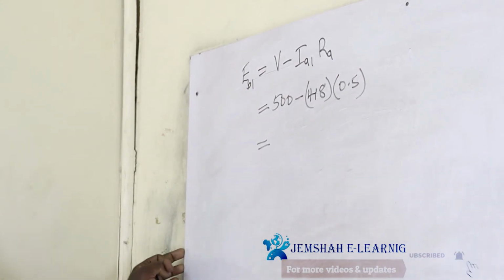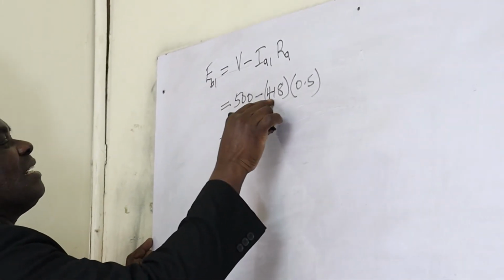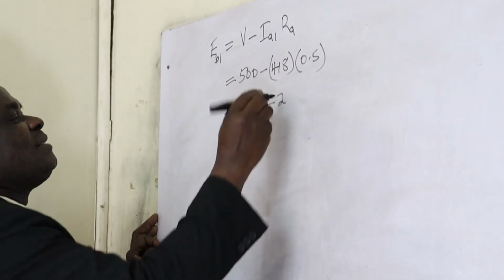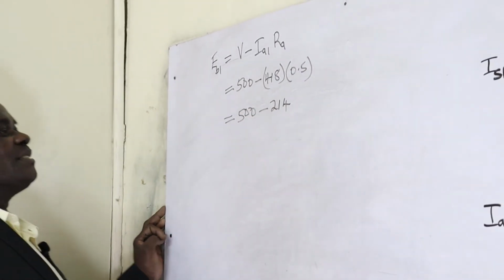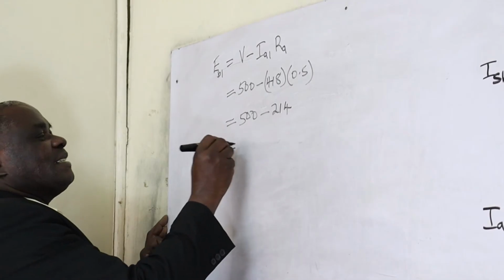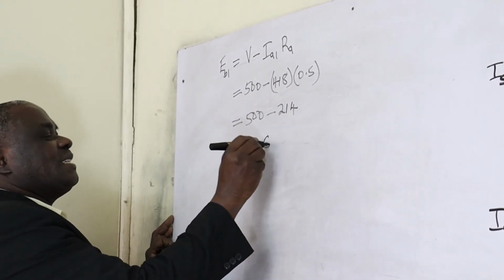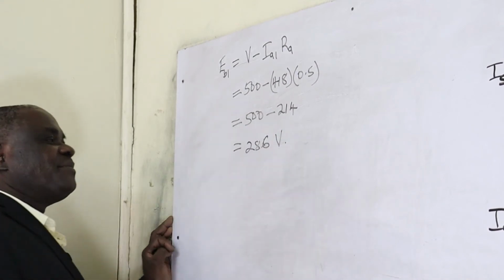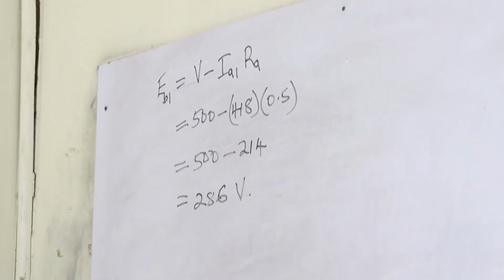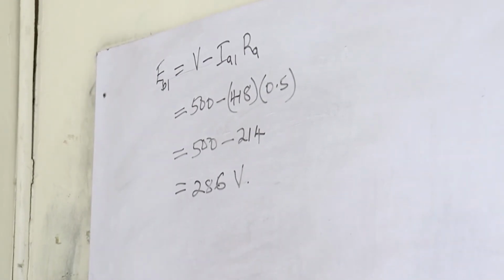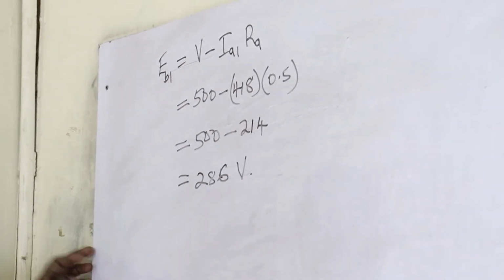So this gives us 500 minus 214, which is equal to 286 volts. EB1 is equal to 286 volts.